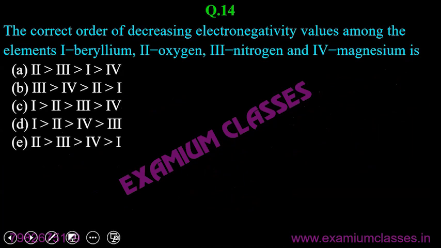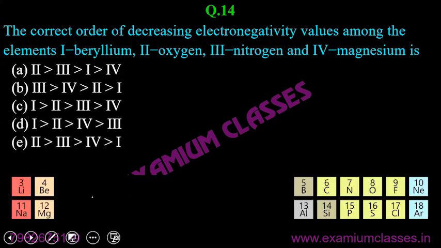Next, the correct order of decreasing electronegativity values among the elements beryllium, oxygen, nitrogen, and magnesium is... Decreasing electronegativity. Remember, you can consider this diagram.